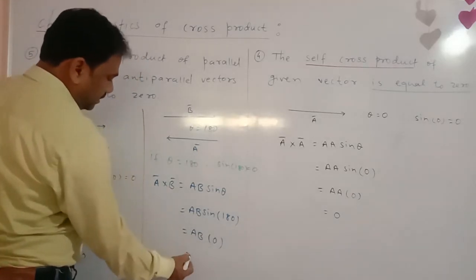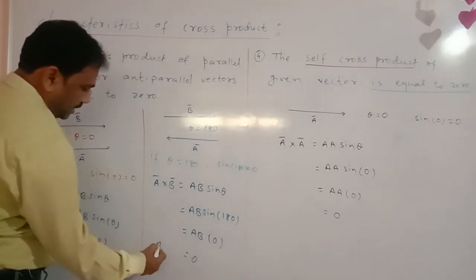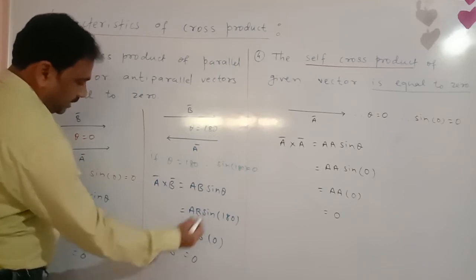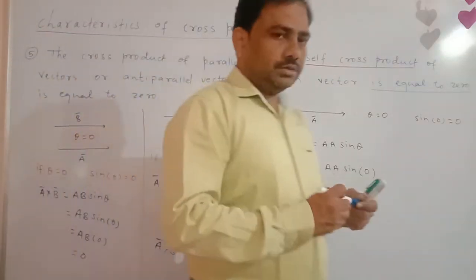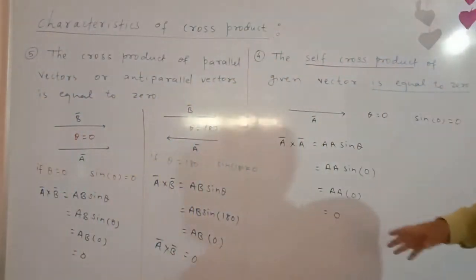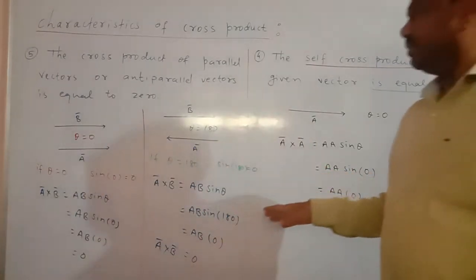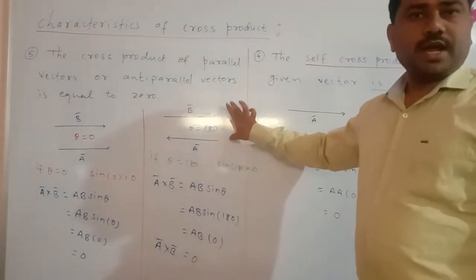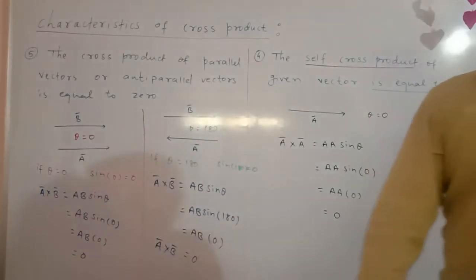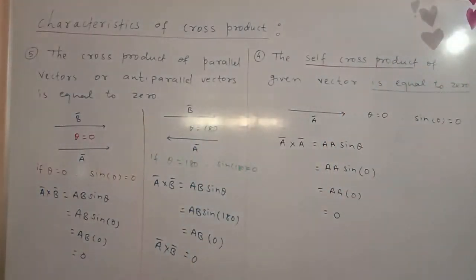So AB into 0 is 0. So vector A cross vector B is equal to 0 when two vectors are anti-parallel to each other. I think you got it.